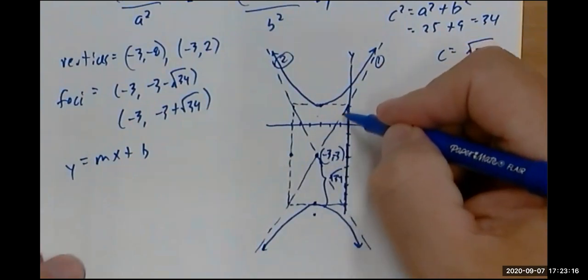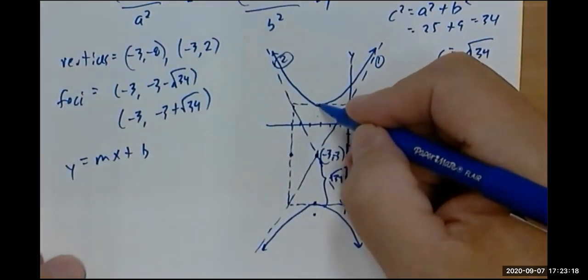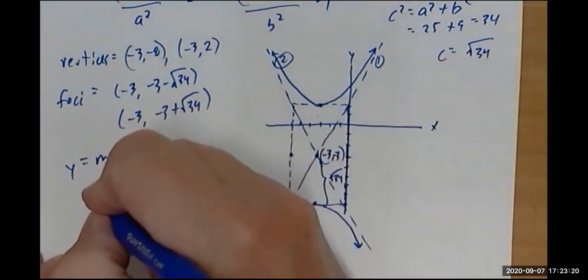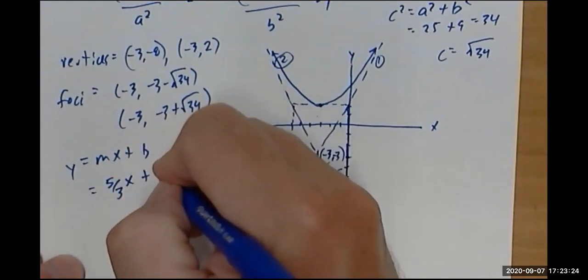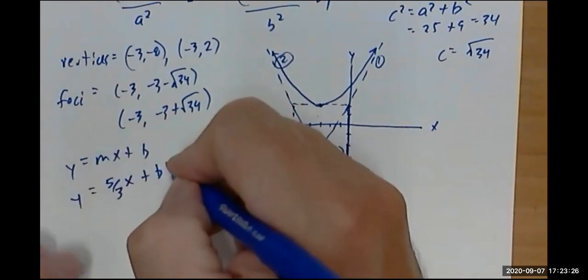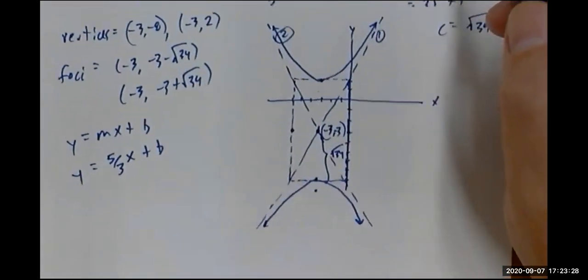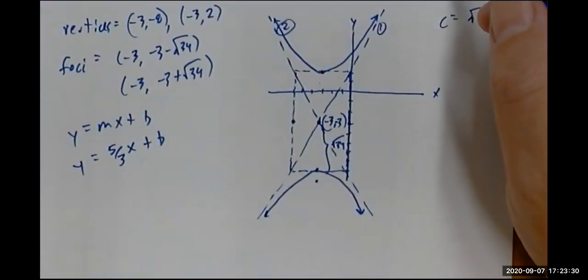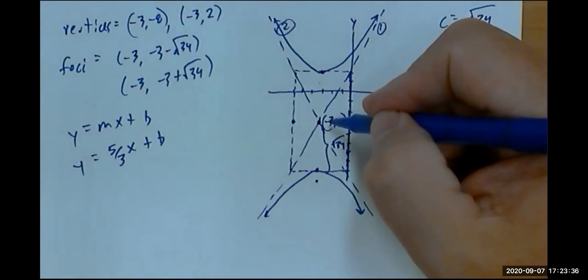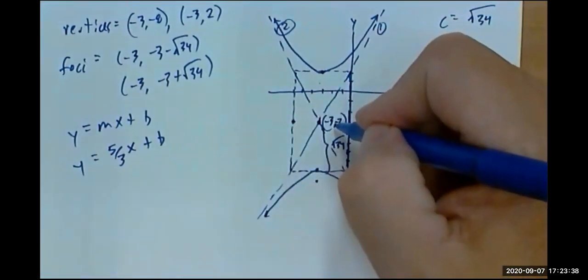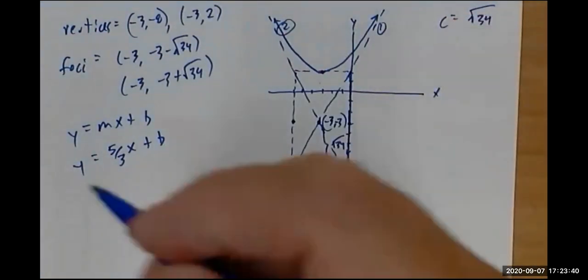So from here to here, I move up 5 and over 3. I need to figure out what b is. b is called the y-intercept, but I'm not sure what it is. Easiest thing to do is I'm going to take my center point and plug this in for x and y. And when I do that, I can calculate b.